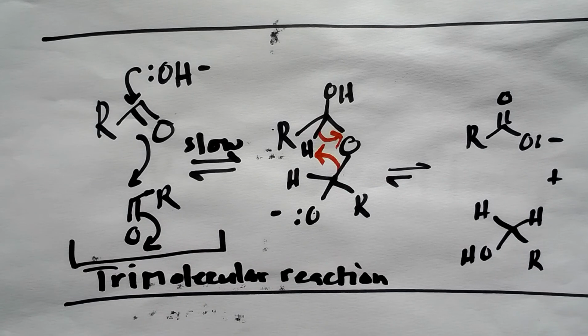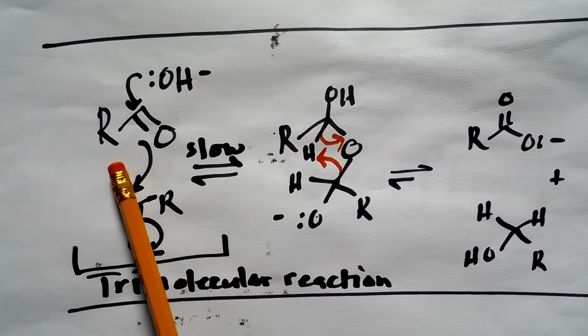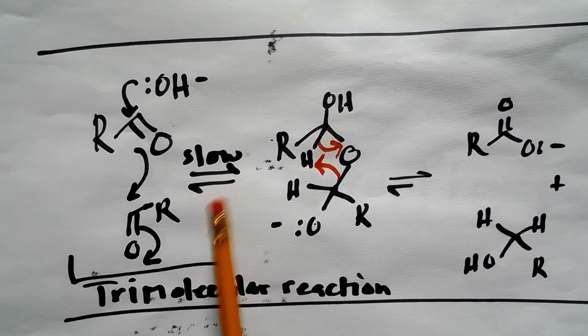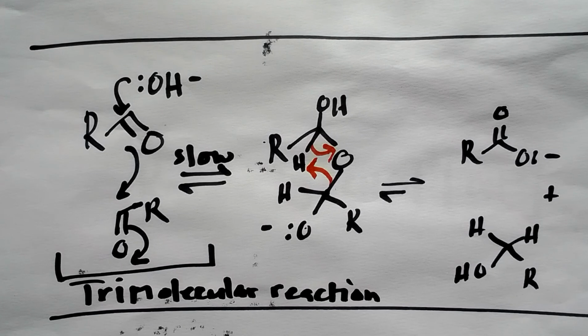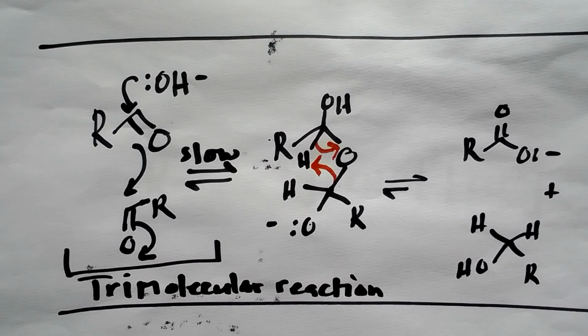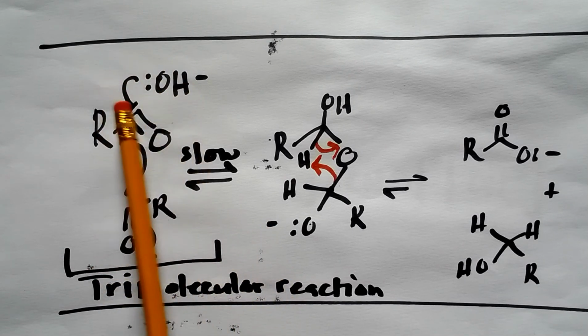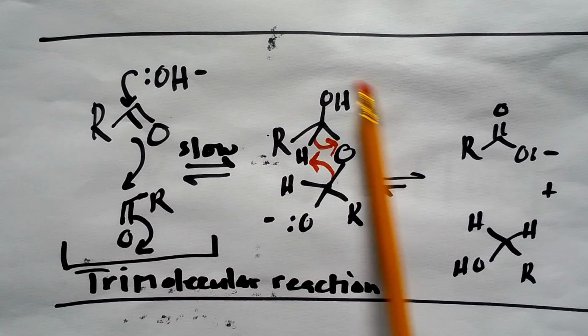In accordance with the rate law, I have two molecules of aldehyde and a hydroxide in the rate determining step. So when this hydroxide attacks here, it opens this bond, which attacks there and gives us this species.